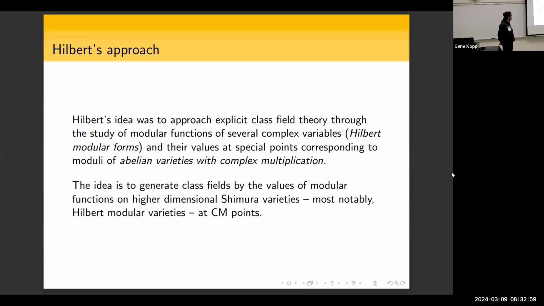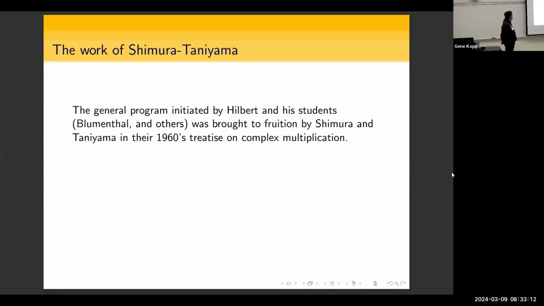But there are other ones, and often these Shimura varieties are endowed with a nice collection of special points at which one could try to evaluate various modular functions, thereby obtaining interesting class invariants. This general program, which was initiated, I guess, by Hilbert, building on the work of the 19th century, was, I think, brought to its natural completion by Shimura and Taniyama in the 1960s in their book on complex multiplication of abelian varieties.